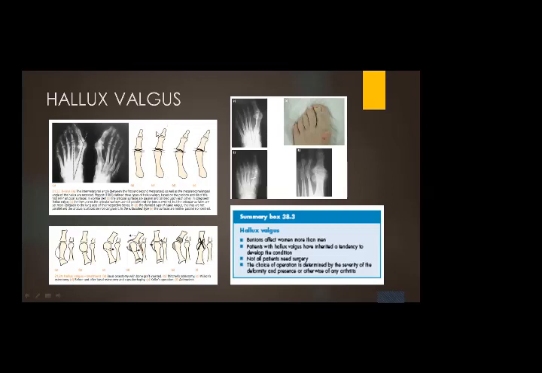These are some images showing the normal to abnormal curve, and these are different kinds of treatment where osteotomies are done. These are again different pictures and outcomes of these operations.